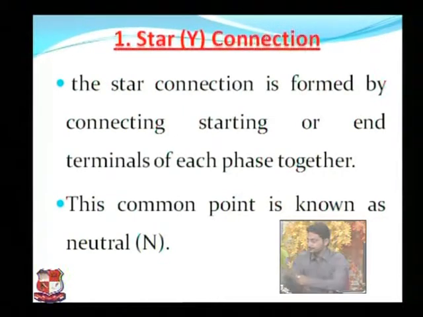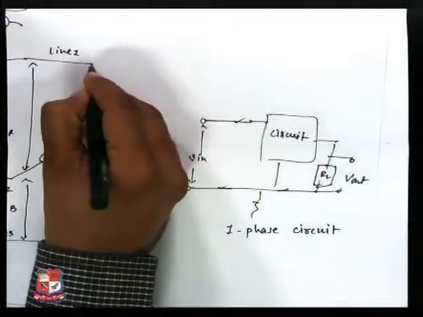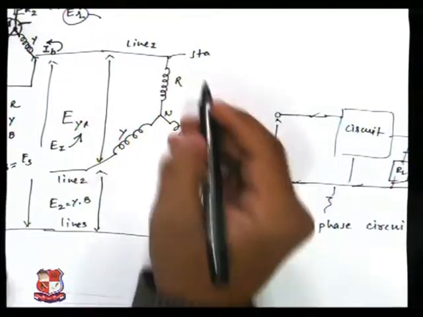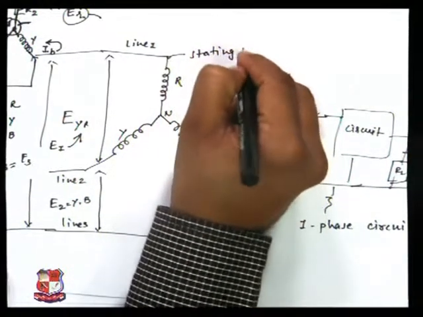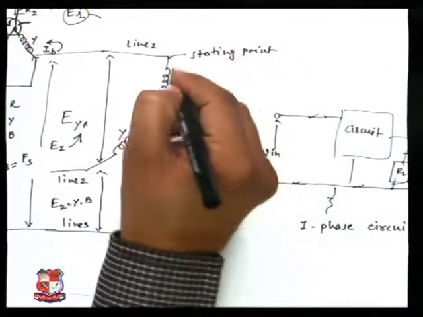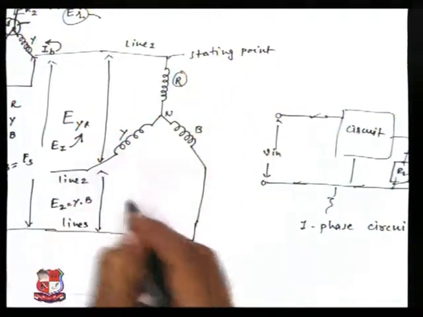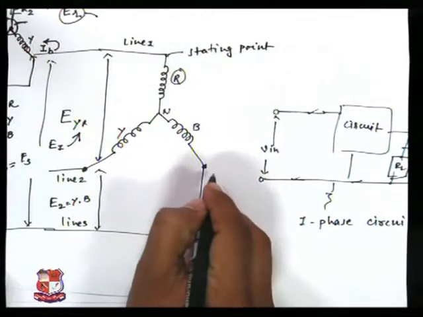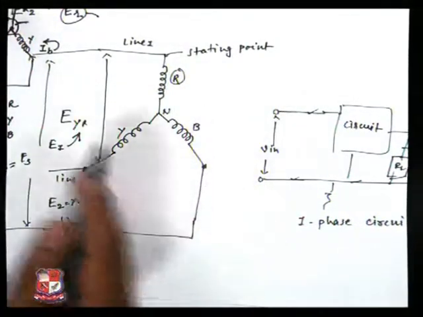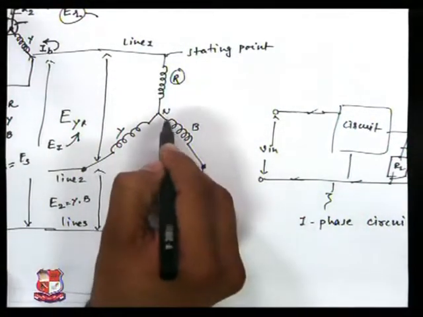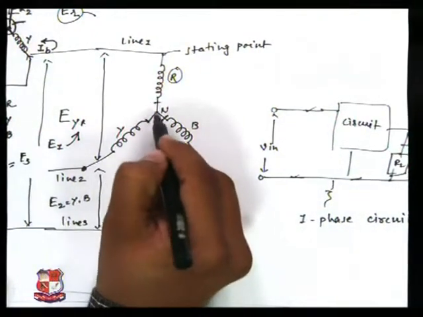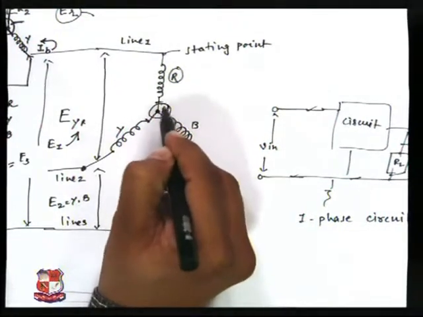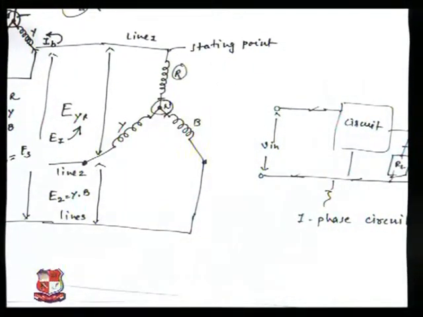Here, suppose this is the starting point for phase R, this is the starting point for phase Y, and this is the starting point for phase B. These are connected with the source side. The other terminals of each respective phase are connected with each other and given to the neutral terminal.